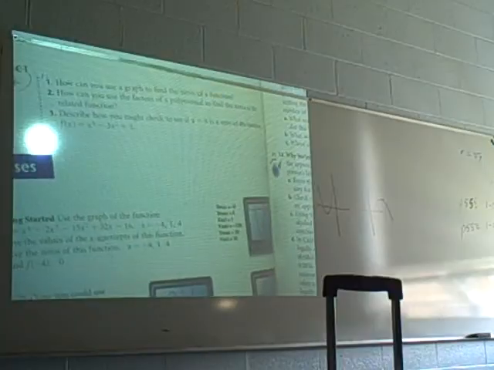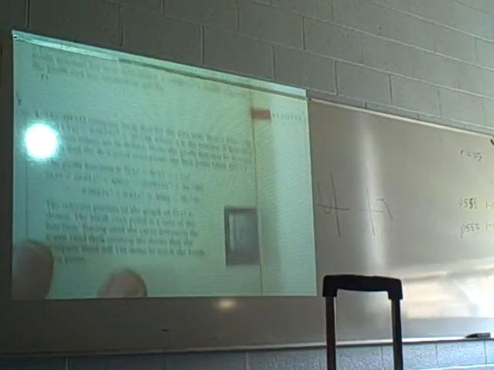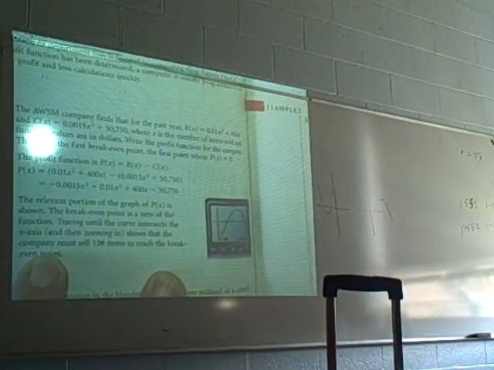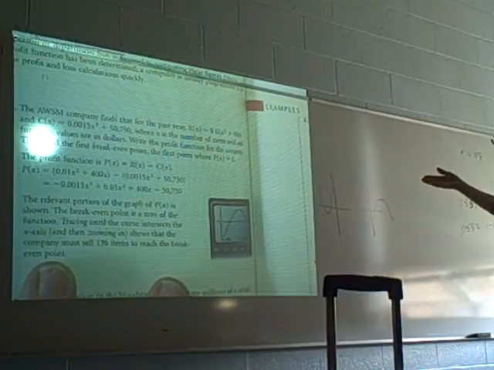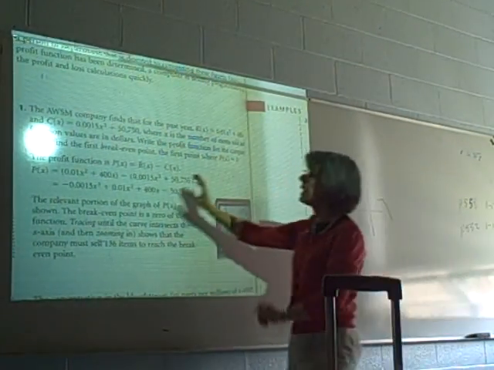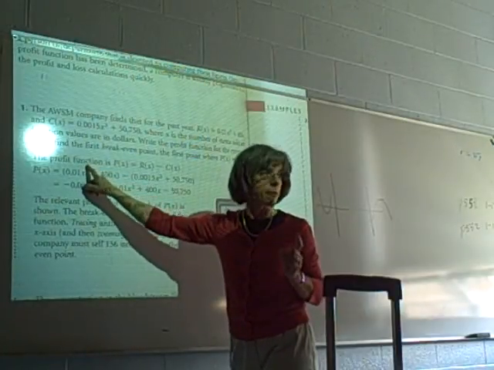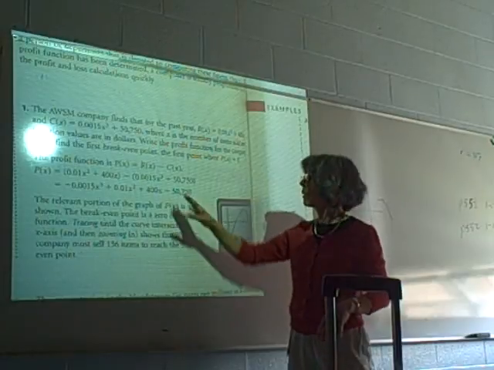Okay, so the zeros, I just want to show you this problem and the break-even point. And this one's right out of your textbook. So this company finds that for the past year, the revenue was this equation and its costs were another equation. Okay, does it make sense that the profit function is going to be the difference between their cost and their revenue?